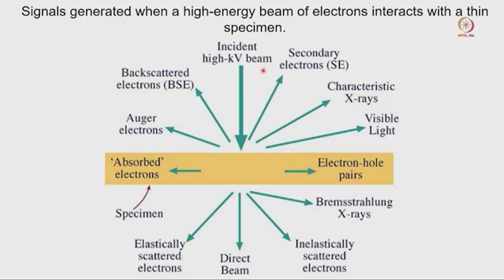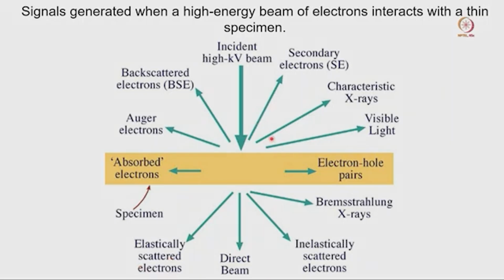Now, we have to remember that whenever we have an electron beam, we are always considering it a coherent electron beam. So, for this coherent electron beam, if there is no energy loss, it will come out from the sample as a coherent elastically scattered electron.